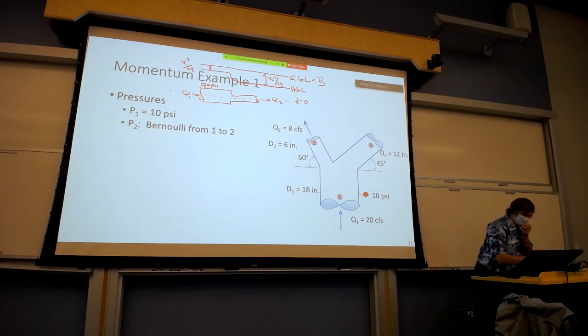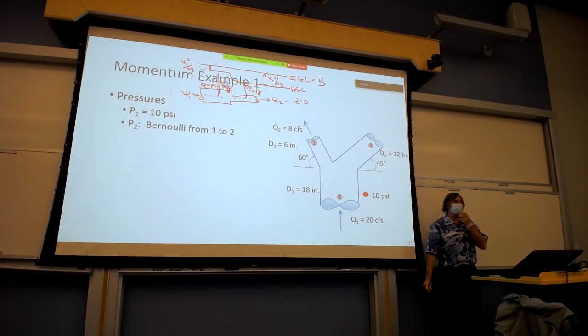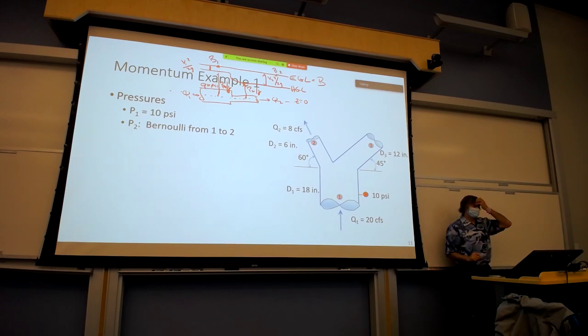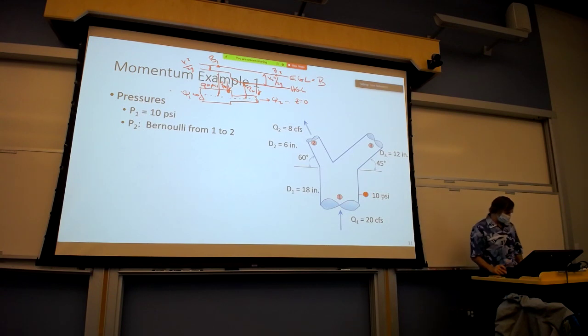And then the distance between the hydraulic grade line and the pipe is P over gamma. Okay. So basically all we're saying is that this elevation is equal to that elevation. B1 is equal to B2. And that's going to be on the next slide.